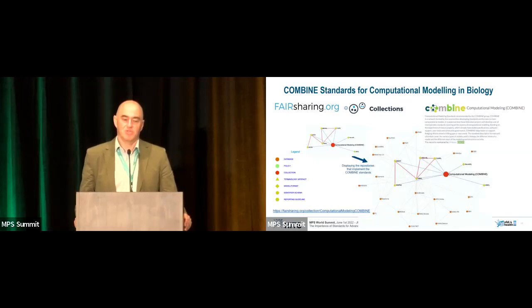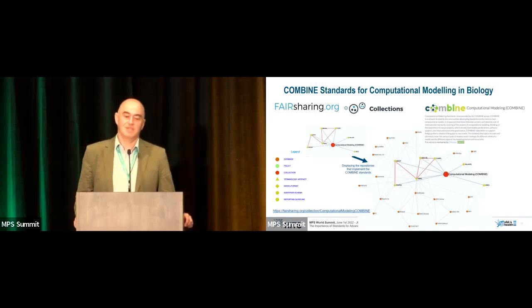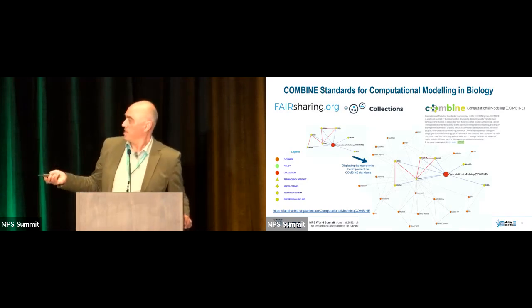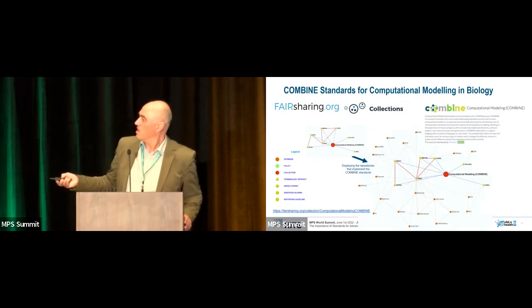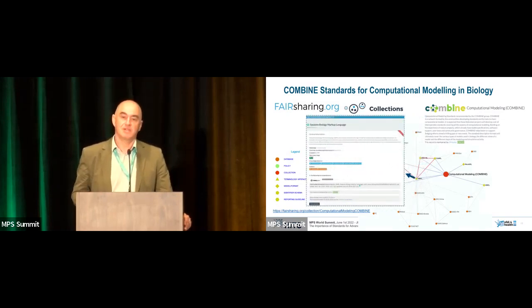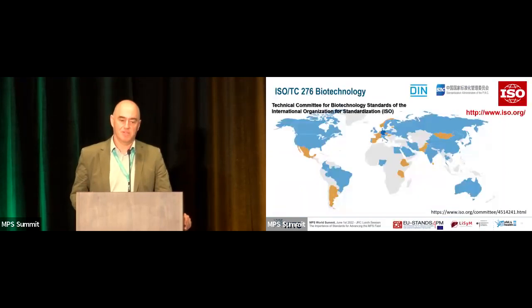You can also find the implementation of the standards in databases, tools and repositories, like you find here in the orange dots in this graph, and then you find information on the standards themselves, how they are implemented in the tools, and also related standards.